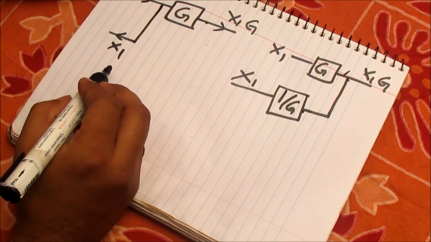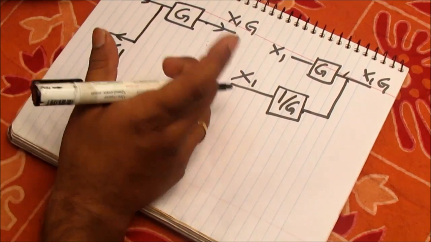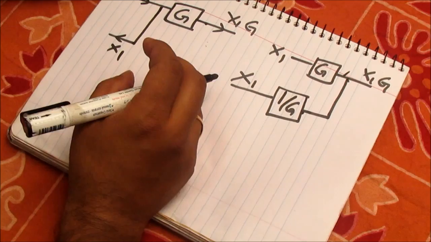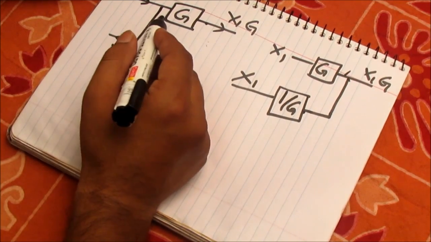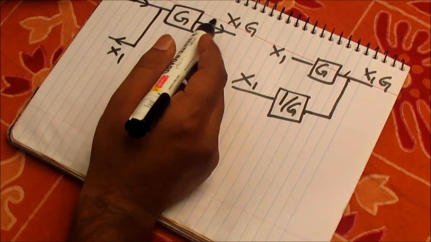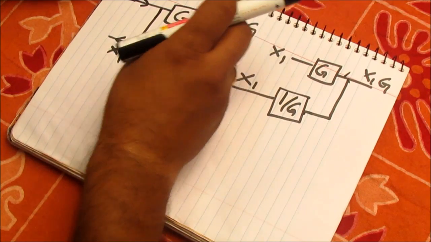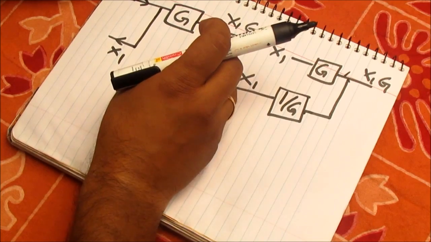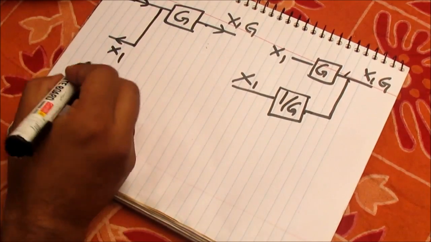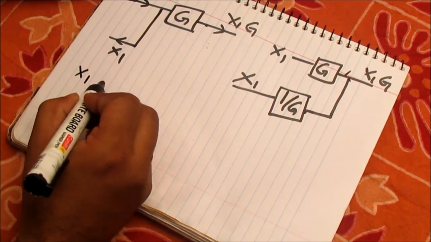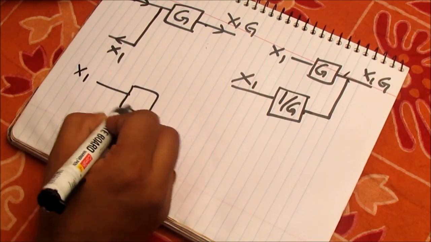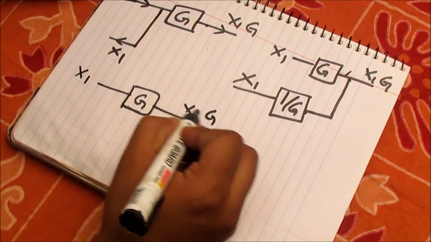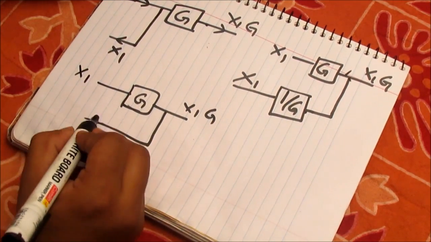So now we will see another twist in these equations. Suppose I have a takeoff point after this gain block, and I have to place this takeoff point before the gain block. So here we have x1, and here we have g, and here we have output x1g, and the takeoff point is here.